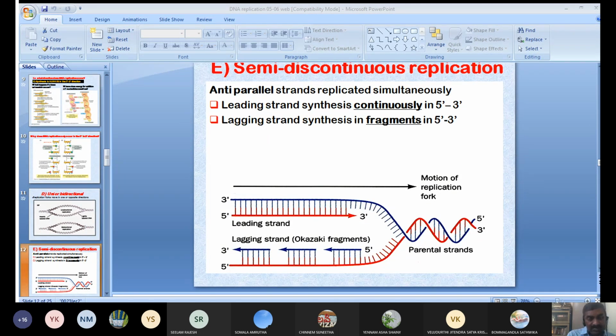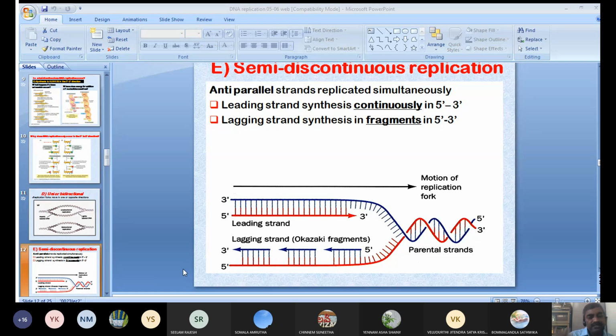Okay, so the primase is present, and it recognizes a specific nucleotide sequence on the template strand so that it synthesizes the RNA nucleotides. Once it synthesizes the RNA nucleotides, it is always 5 prime to 3 prime. You see, this is 5 prime, but when it is going in this direction, then here the 5 prime, and it moves along, right?